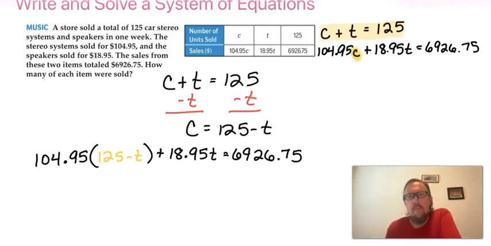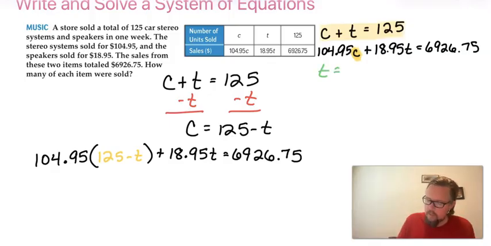Before I start doing my math, I just want to verify that the equation I've come up with has only one variable in it. And it does. This equation only has the variable T in it. So when I'm finished, this is going to tell me T, which was the number of speakers sold.